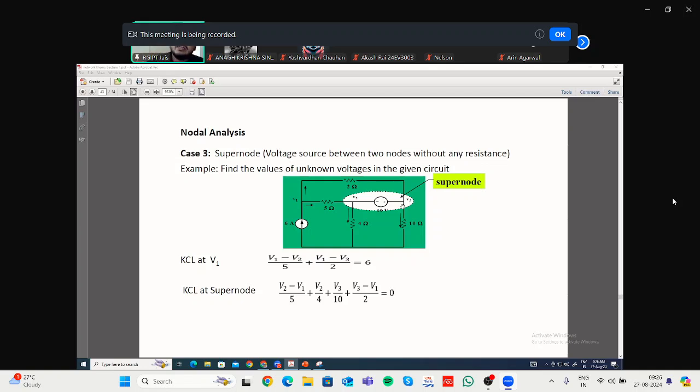In that case, how do you deal with this problem? The concept is called supernode.